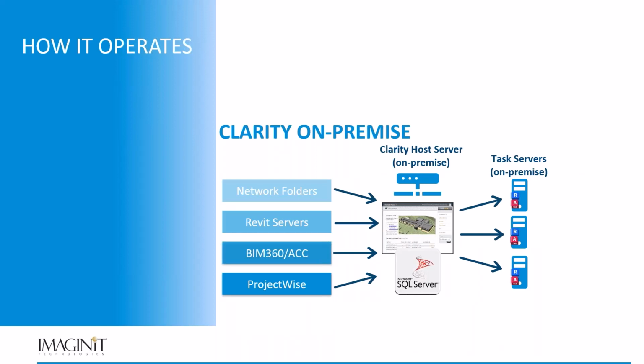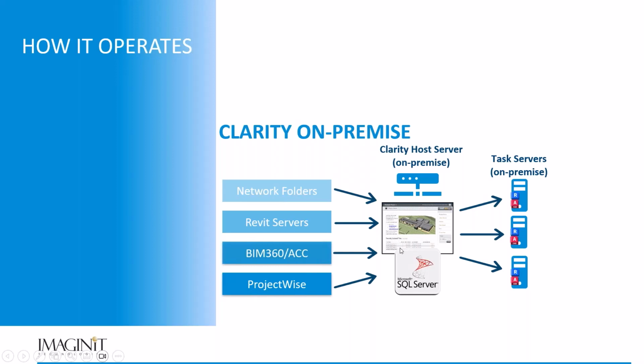I'm going to talk one more moment about Clarity on-premise, just to illustrate the difference. The Clarity on-premise system is something where you provide a Windows server that can connect up and look at projects that are in local network folders, Revit servers, BIM 360, ACC, and ProjectWise.